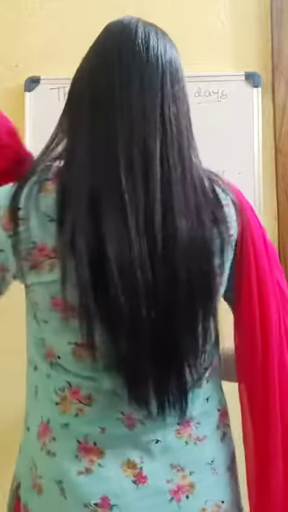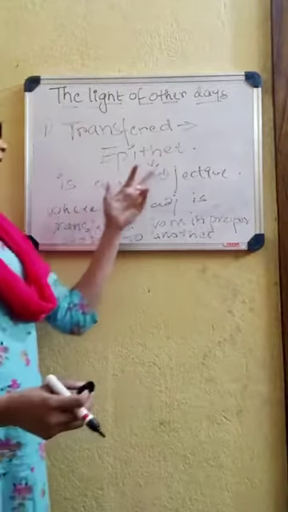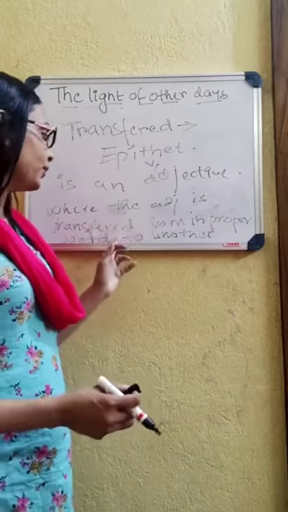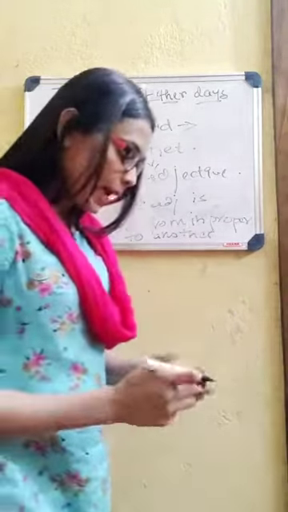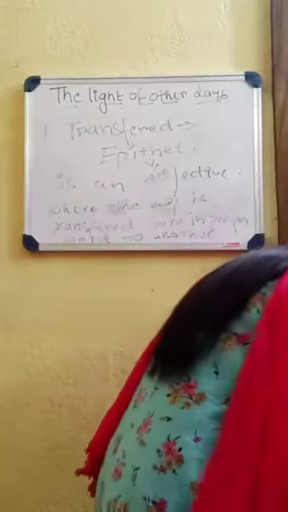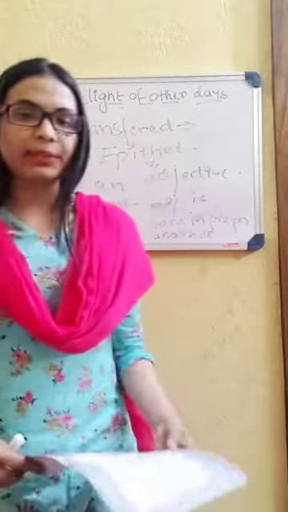So I am just dictating it again. A transferred epithet is an adjective where the adjective is transferred from its proper word to another word that is associated with it. So this is the definition of transferred epithet.